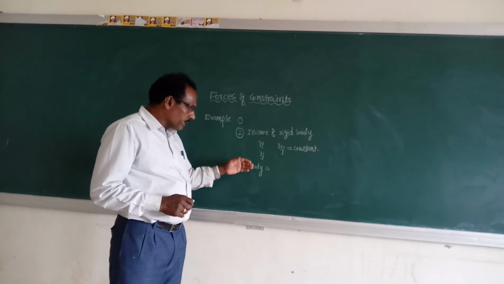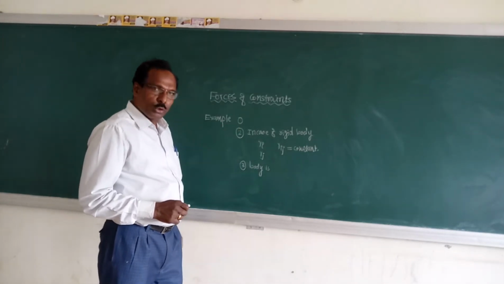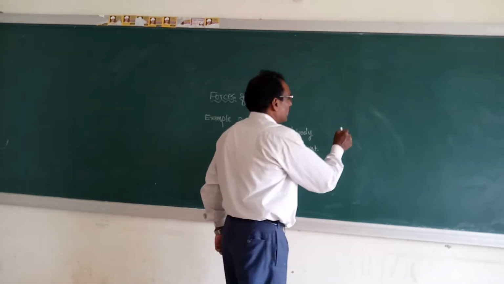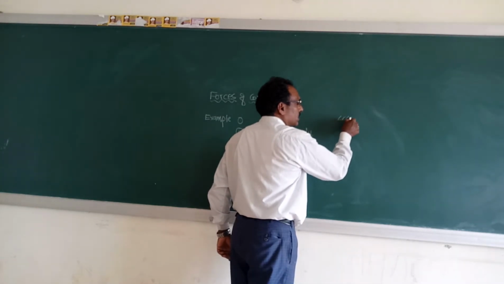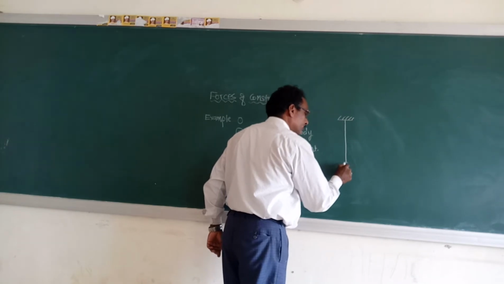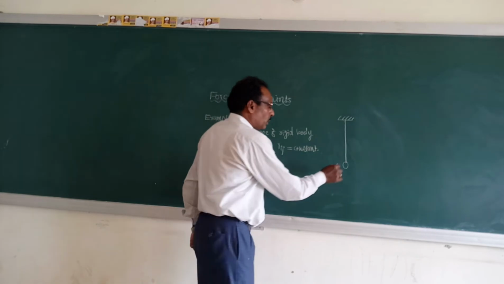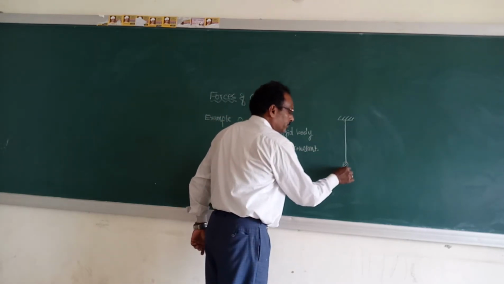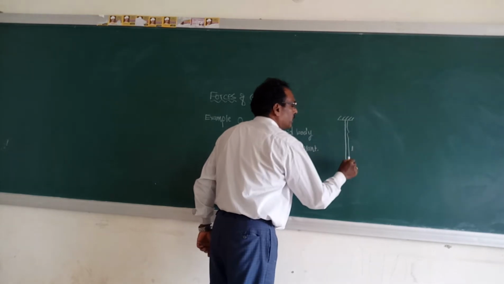You can take many examples here. One more example, known to you as well as me, is the simple pendulum. This is a simple pendulum, this is the bob of the simple pendulum, and this is the length of the simple pendulum.